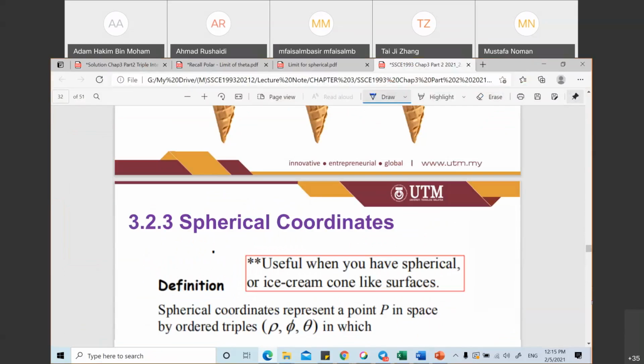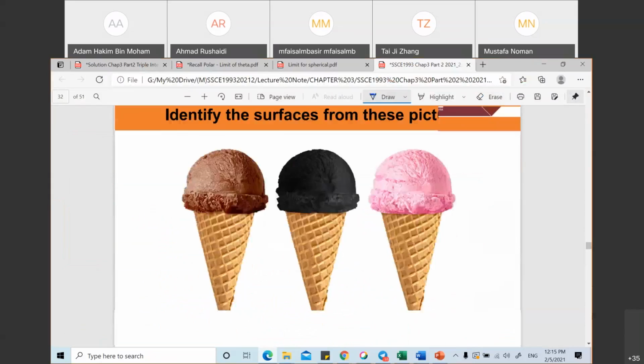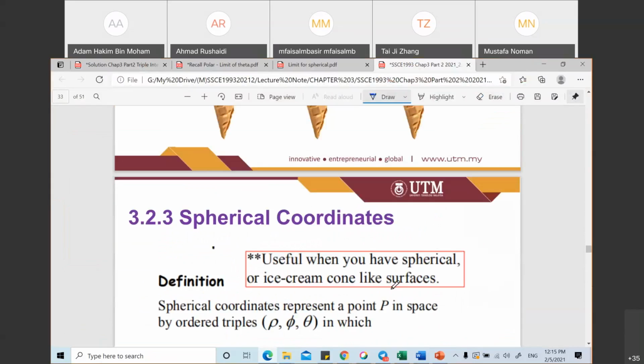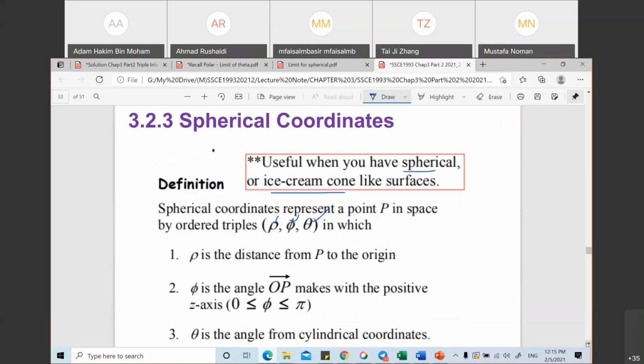Okay, so we have a hemisphere and cone, so it is easier to use the spherical coordinate. It is useful when you have spherical or ice cream cone surfaces. So spherical coordinates represent a point P in space with rho, the radius of the sphere, phi, the angle from the z-axis, and theta, which refers to the circle in the xy plane.